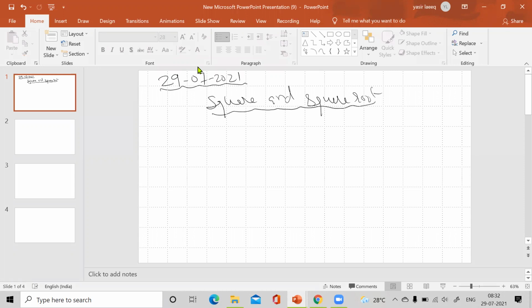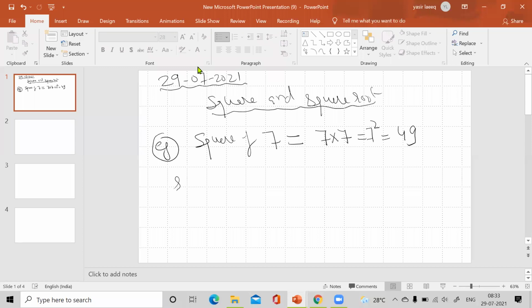See how we'll do squares. For example, if we are given the square of 7, how will you write? You will write 7 into 7, two times. 7 power 2 is equal to 49. This is the proper step.